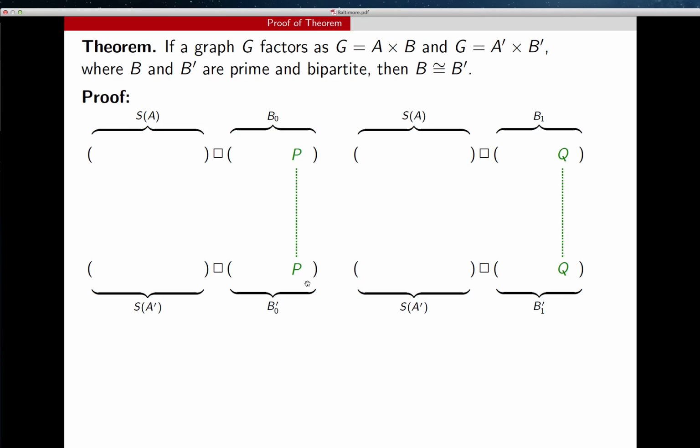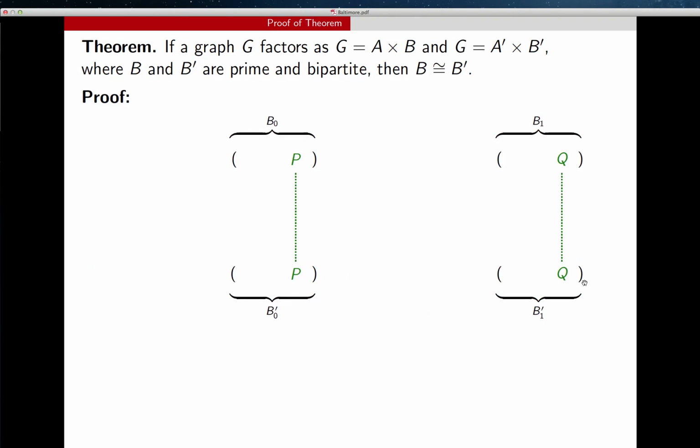It has partite sets which are the vertices of the components of the skeleton, B0 prime and B1 prime, in other words P and Q. So we see here that the vertices of B and the vertices of B prime under this identification are exactly the same. The vertices of B are the vertices of P and Q, and the vertices of B prime are the vertices of P and Q. I'm going to get rid of all the other factors in there.